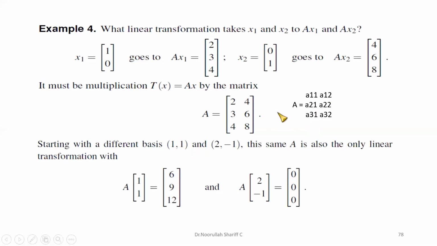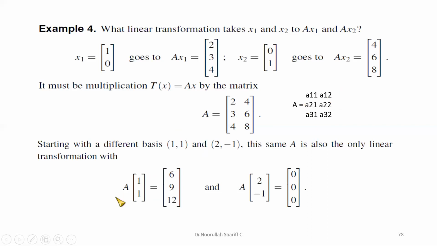So that means it will be A11 into 1 plus A12 into 1, which will be equal to 2. Similarly, you can keep on writing that and try to solve the set of equations for them, and you will definitely get the same values of A. So that's what is being mentioned here.